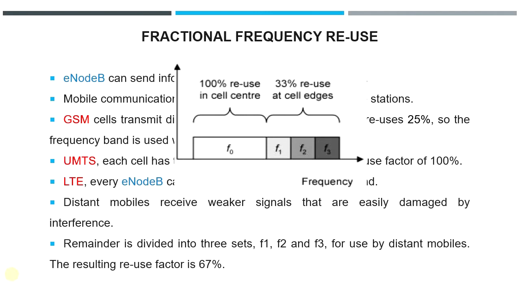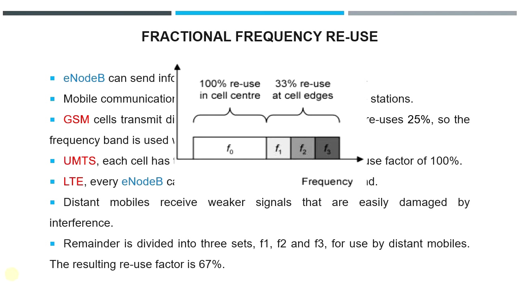To avoid this, neighboring cells can transmit to those mobiles using different sets of subcarriers. In the example shown here, half the frequency band is reserved for nearby mobiles, while the remainder is divided into three sets, F1, F2, and F3, for use by distant mobiles.